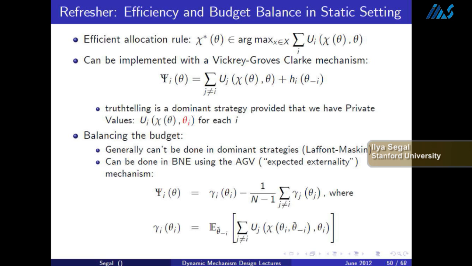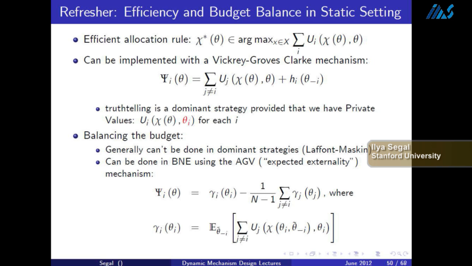It's calculated as the expectation of the sum of the utilities of the other agents, the expectation taken over the possible types of the other agents. So we are not using the reports of the other agents to calculate this. Instead, we are plugging in all possible reports, drawing them from the right probability distribution, and taking the expectation. That's why this term depends only on the report of agent i.